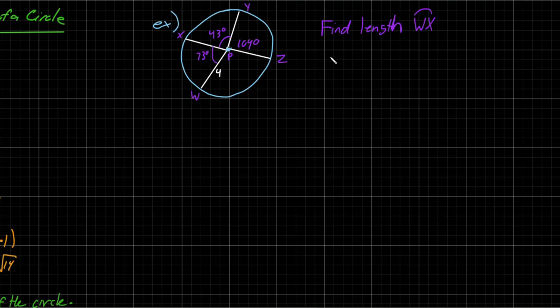So I want you to find the length of arc WZ. Lily, that is the smallest drawing I've ever seen. Yep. So this is 73, this is 43, this is 104 degrees. And keep it in terms of pi.